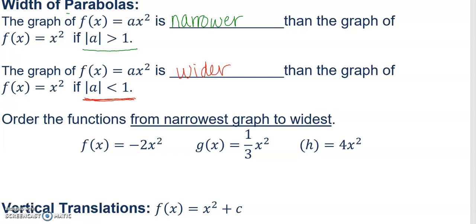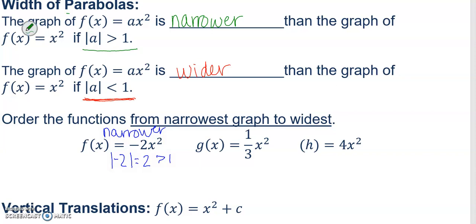Okay, so I'm just going to write down the absolute values for my a's here. So my a here is negative 2. My absolute value of negative 2 equals 2, and that is greater than 1. So I know this graph is going to be narrower than my parent function.